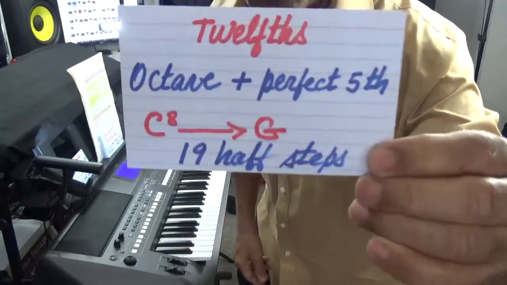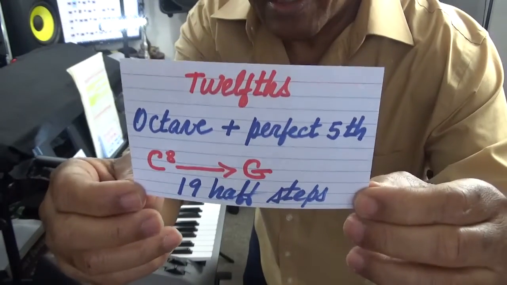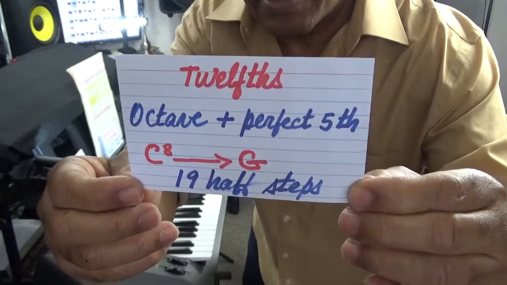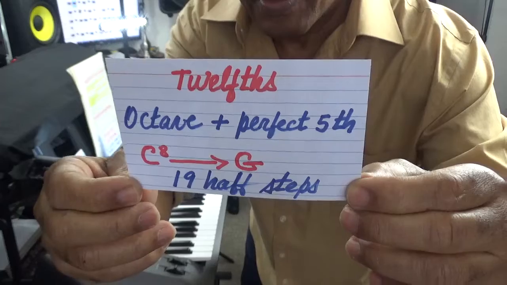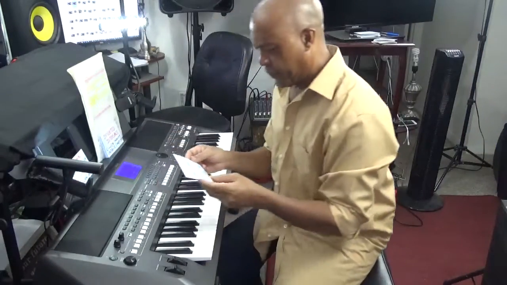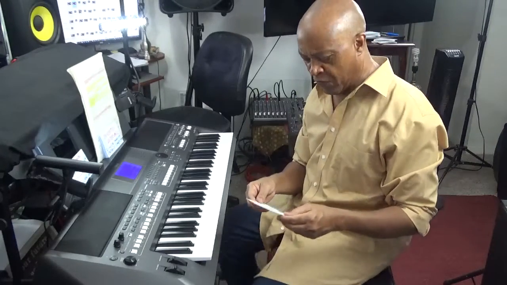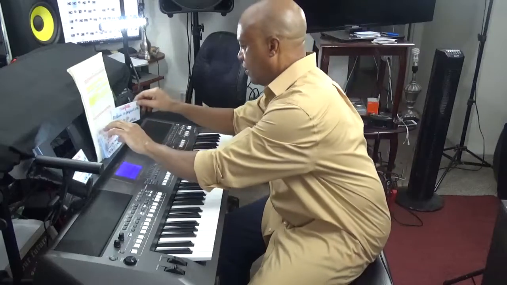Octave plus perfect 5th gives you interval of 12, 19 half steps. Where you see C8 on the card, that means C octave. C octave plus perfect 5th gives you the interval of 12, which has 19 half steps.